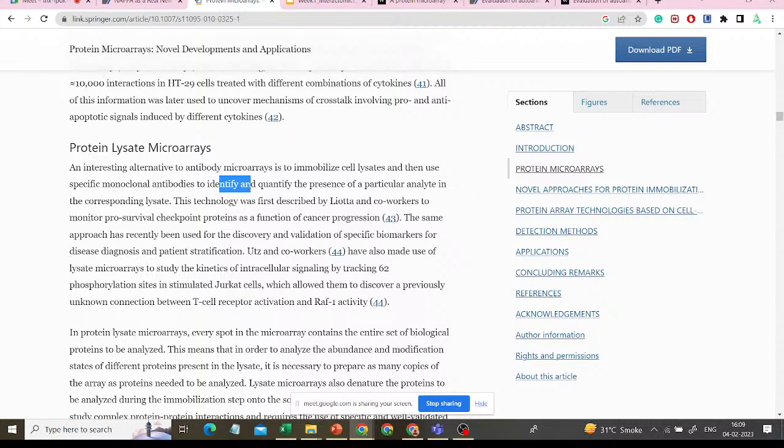One set of cells you give the full media, and for another set you withhold a particular element, for example an essential amino acid or an essential fatty acid, from the media. Now you take the cells and perform protein expression analysis through mass spectrometry to identify all the proteins and their expression levels.